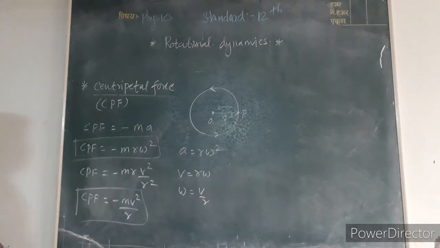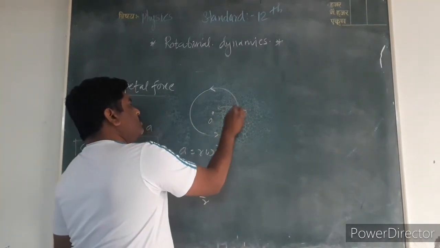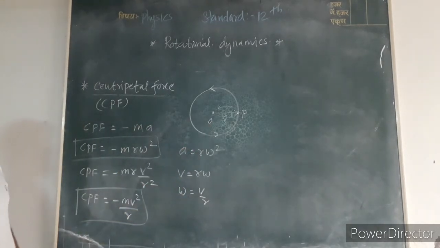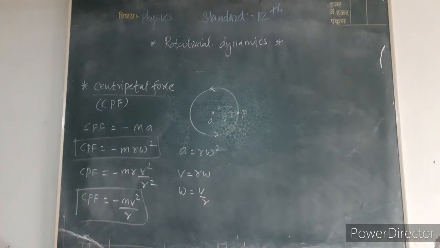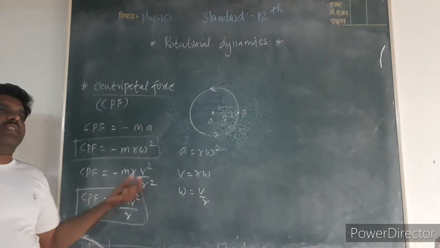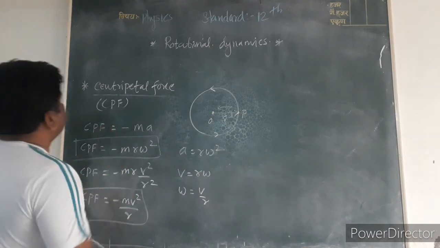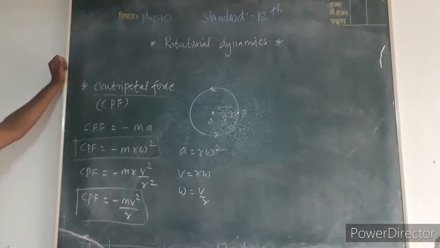The centripetal force acts on the particle towards the center of the circle through the radius vector. Examples of this centripetal force are an electron revolving around the nucleus, and every satellite revolving around a planet. These are examples of centripetal force, and centripetal force is a real force.